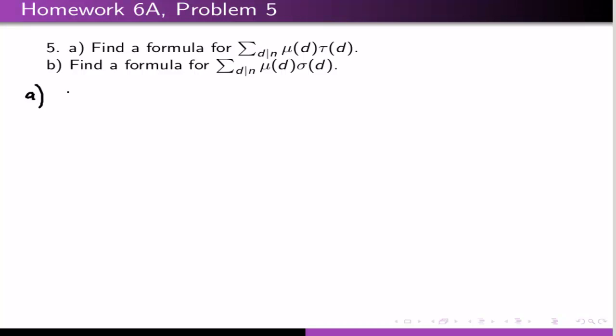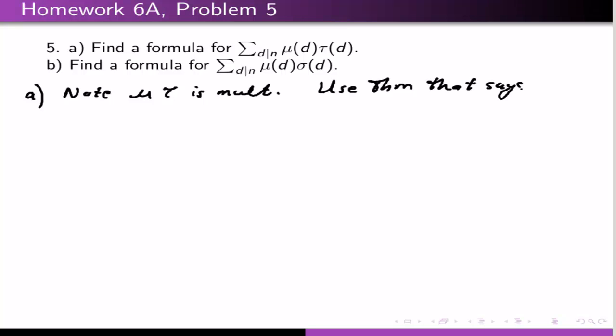So note that since mu and tau are multiplicative, mu times tau is multiplicative. And then use a theorem that says the sum over d dividing n of f of d is multiplicative if f is multiplicative.